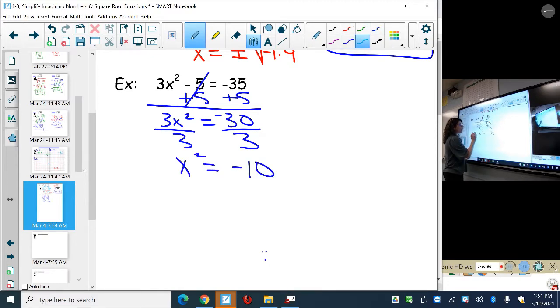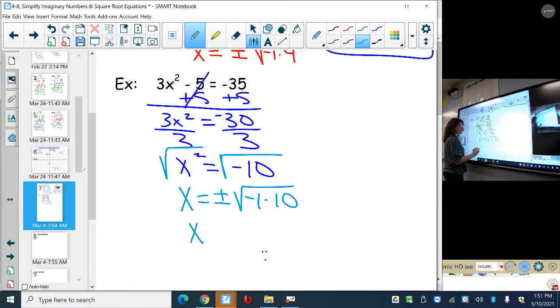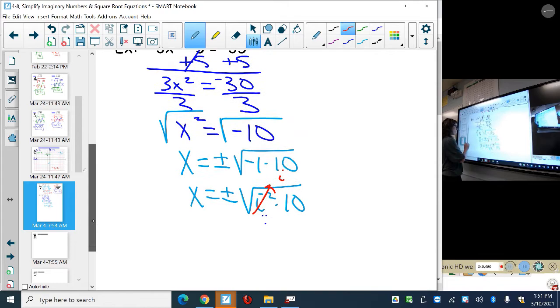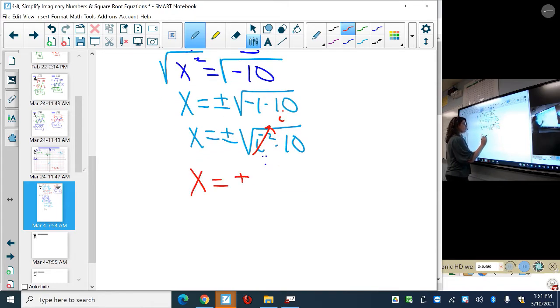The opposite of a power is a root. So x is equal to, put the plus or minus in front, this is negative 1 times 10. What is negative 1 equal to? i squared. So that means the i squared comes out as i. And you have x is equal to plus or minus i square roots of 10.